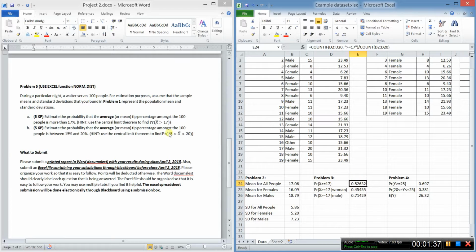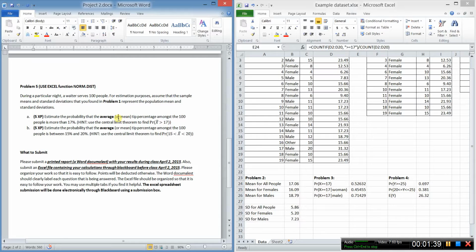This question is different in that we're asking about 100 people that we do not have a sample for. We're asking what the average tip percentage is going to be, more than 17%. So not just for a particular sample. What's the chance that on a particular night it's going to be more than 17%?